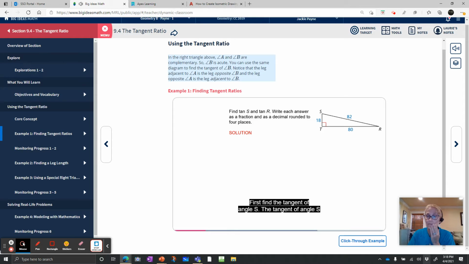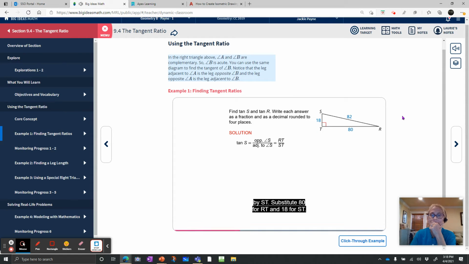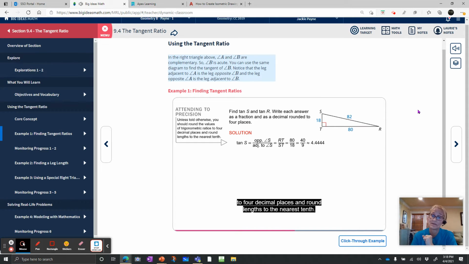First, find the tangent of angle S. The tangent of angle S is equal to the length of the leg opposite angle S divided by the length of the leg adjacent to angle S, which is equal to RT divided by ST. Substitute 80 for RT and 18 for ST. So the tangent of angle S equals 80 divided by 18, which equals 40/9, or approximately 4.4444. Unless told otherwise, you should round the values of trigonometric ratios to 4 decimal places and round lengths to the nearest tenth.